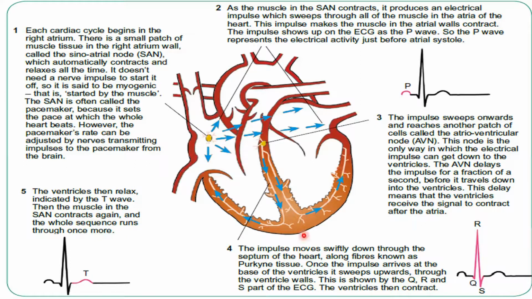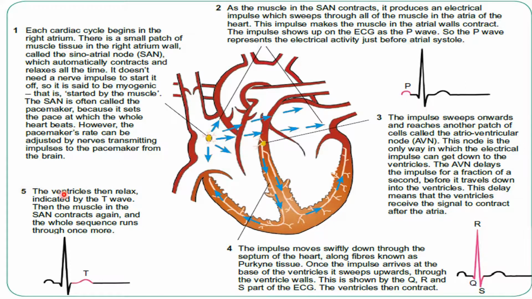So it comes down first and then sweeps up. This is shown by the QRS complex, and the ventricles then contract.